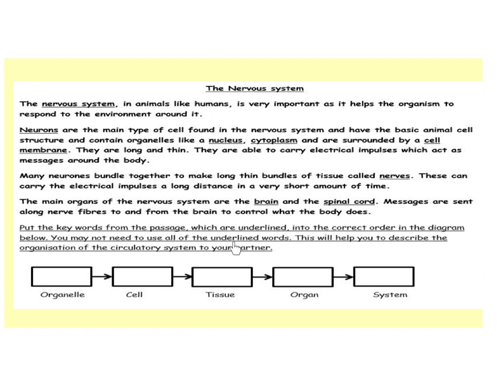You may not need to use all the underlined words. This will help you describe the organisation of, and this is the nervous system, not the circulatory system. Okay, so information all about the nervous system. Pause the screen and have a read. And then can you identify an organelle, so a part of a cell, a tissue, an organ, and an organ system? So reading that information, can you identify them?